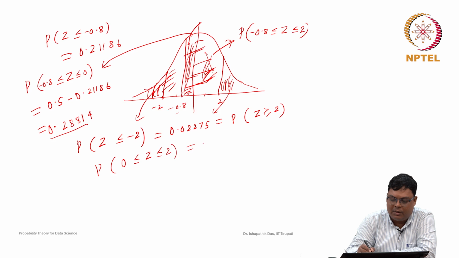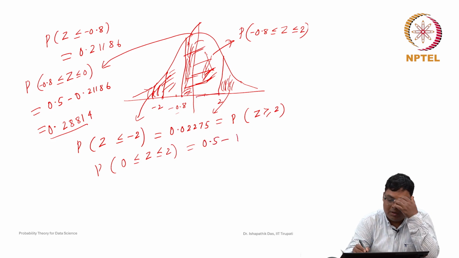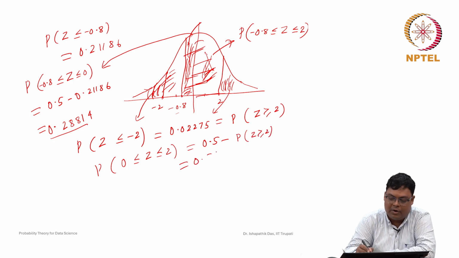Since the total probability on one side is half, this is 0.5 minus the probability that z is greater than or equal to 2, which is the same as the probability that z is less than or equal to minus 2, and that is 0.02275.